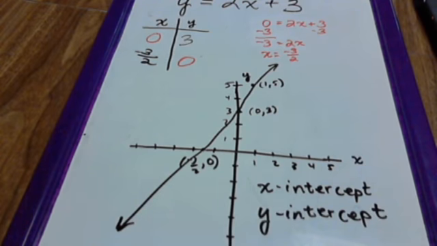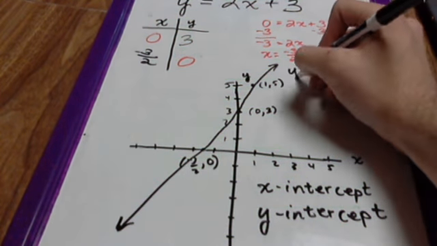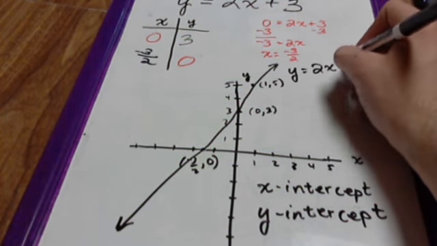For neatness, we would typically use a straight edge or a ruler to draw the lines, but I don't have one with me at the moment, but that's fine. So this would be the line y equals 2x plus 3.